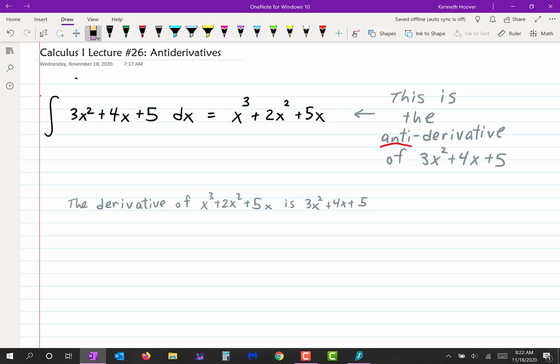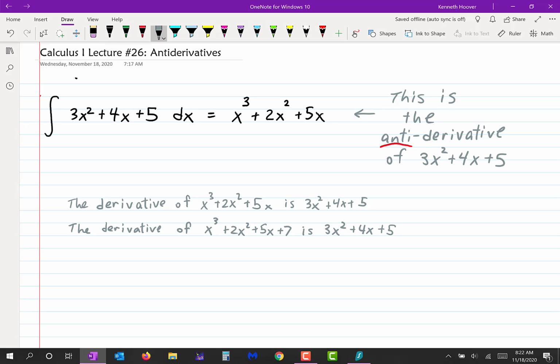Okay, but aren't there other functions that have that same derivative? For instance, couldn't I also say the derivative of x cubed plus 2x squared plus 5x plus 7 is 3x squared plus 4x plus 5?